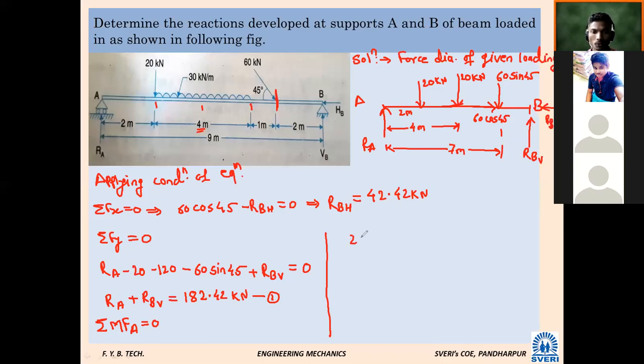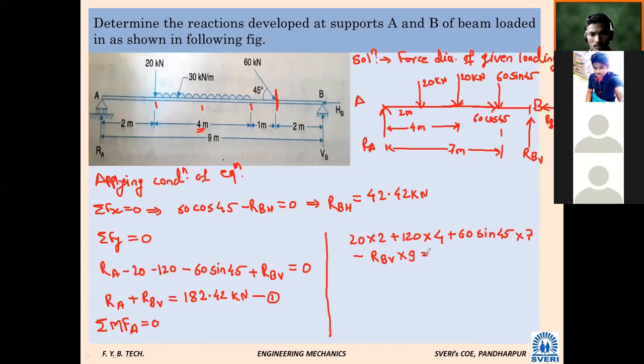Clockwise. 20 into 2, plus 120 into 4, then plus 60 sin 45 into 7, minus RBV. Only RBV or some distance will come? RBV into 9.